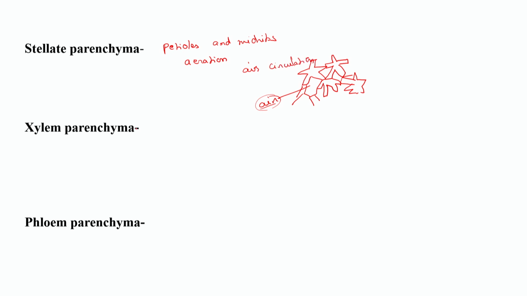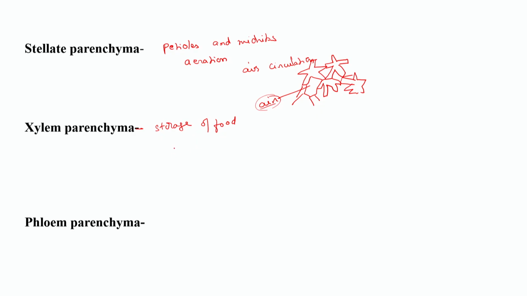Okay. Then xylem parenchyma, as we have discussed before, that in xylem vascular tissue also we find parenchyma. So there also their main purpose is storage. Stores food, storage of food in the form of starch, in the form of fats, and they also help in radial conduction of water.